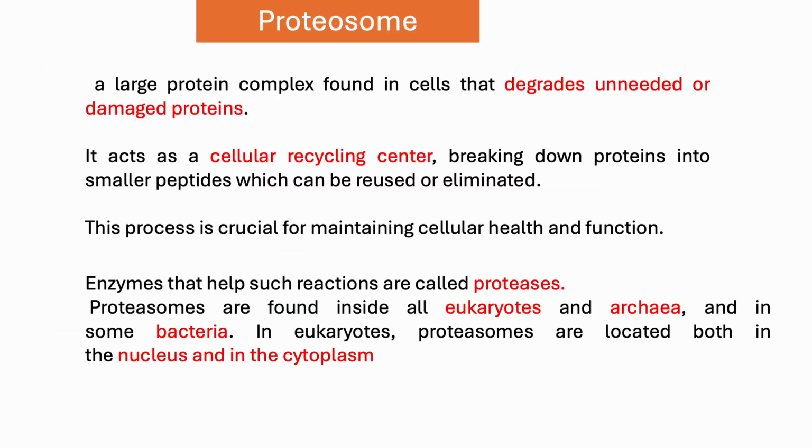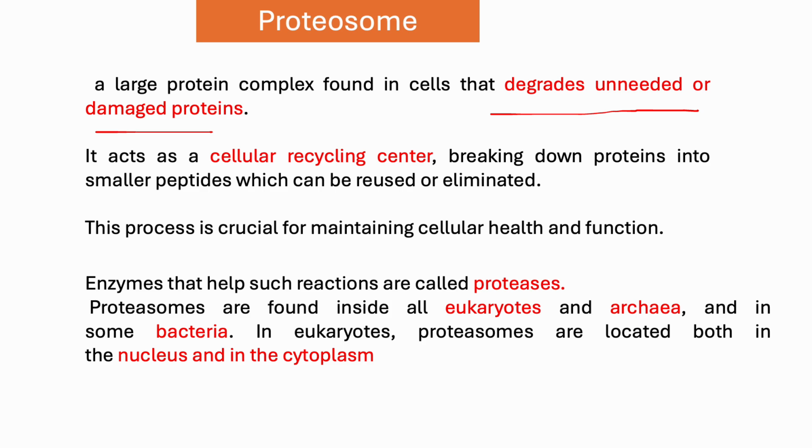So as I told earlier, the proteasome degrades unneeded or damaged protein. That means it never degrades any functional protein. It always targets non-functional, aggregated or misfolded protein. How does it recognize which one is functional and which one is aggregated or misfolded?